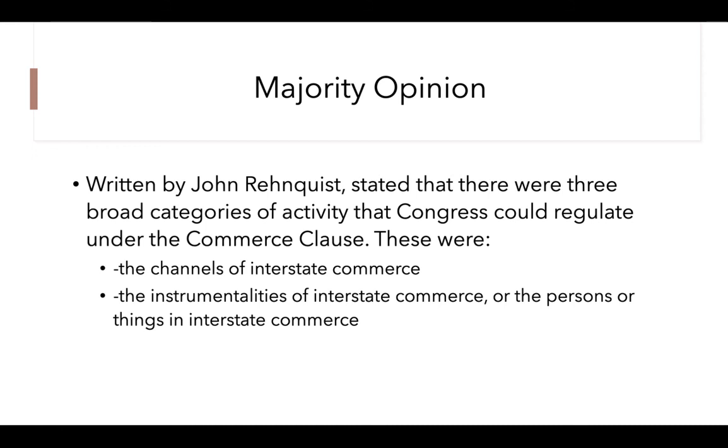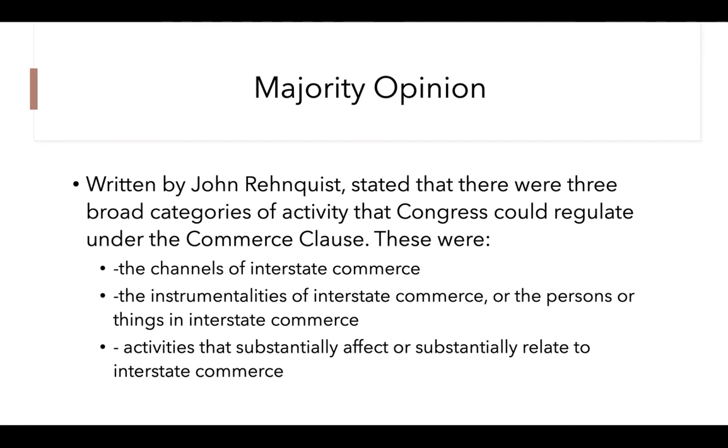So he's stating, along with the other four justices, that there were three broad categories of activity that Congress could regulate. Right? He said this is how you can get around the perspective of interstate commerce as it pertains to this particular act. And the third concept is activities that substantially affect or substantially relate to interstate commerce.